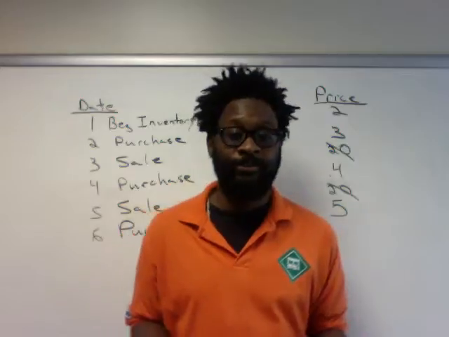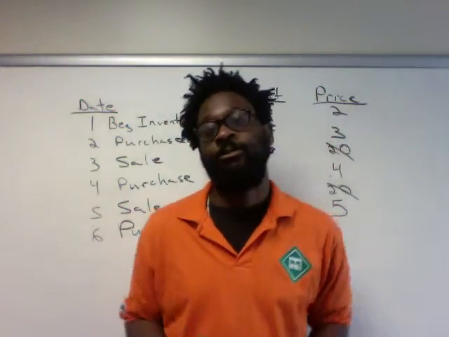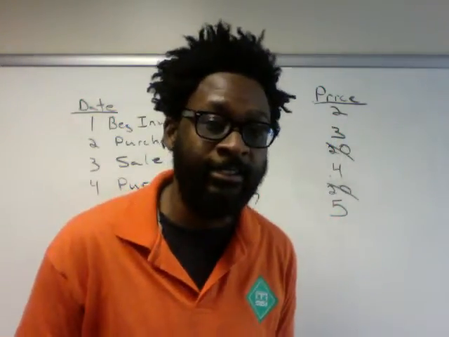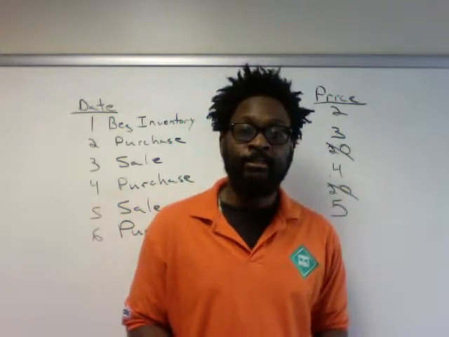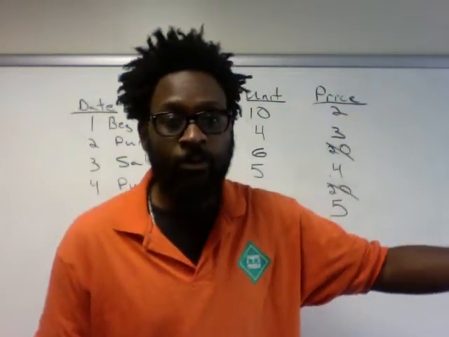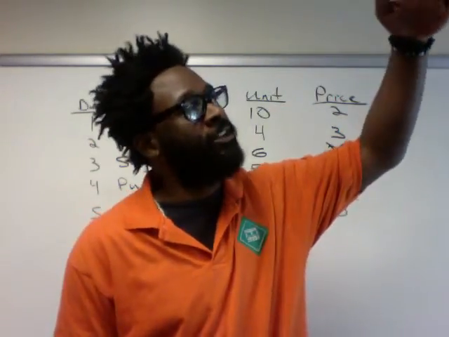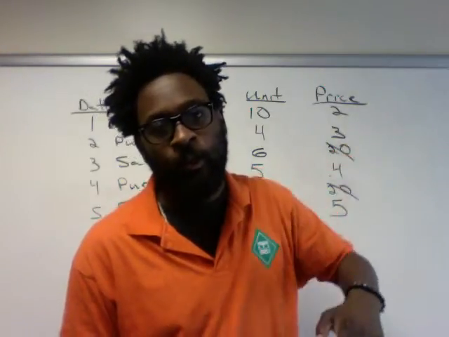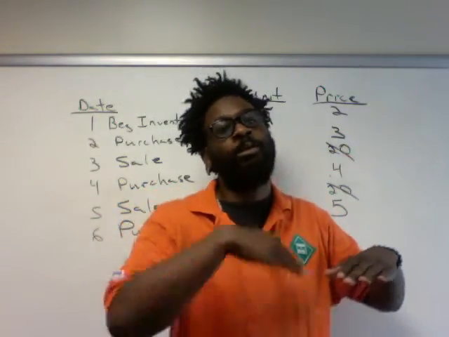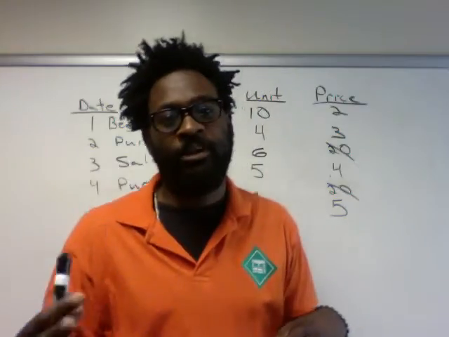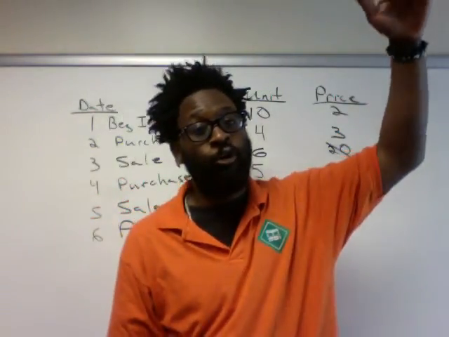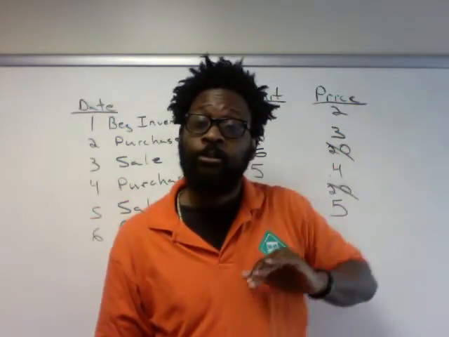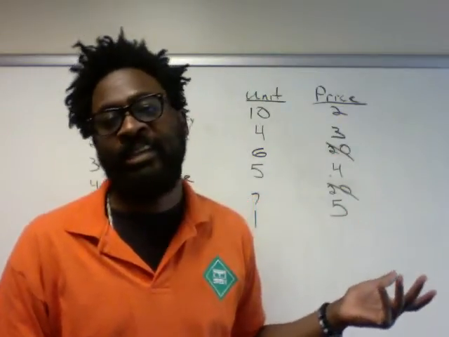Why? Because specific identification identifies what's going in and what's going out at what price. And FIFO has a natural order in which either way that you apply the information, whether it's periodic or perpetual, you're still going in a chronological order, so you're going to get the same answer.